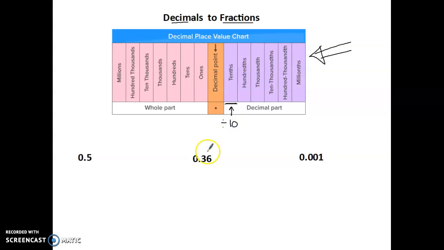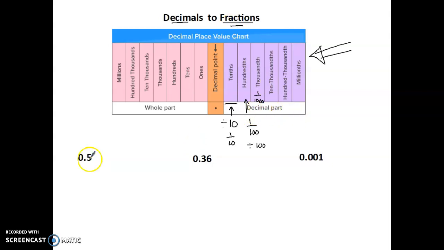Tenths means you took 1/10 or you divided by 10 to get to that place value. Hundredths, that is 1/100th, or you divided by 100 to get to that place value. Thousandths is 1/1000. So you divide it by 1,000 to get to that place value. And that's how we're going to make our fractions.